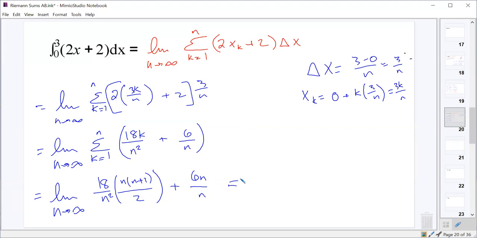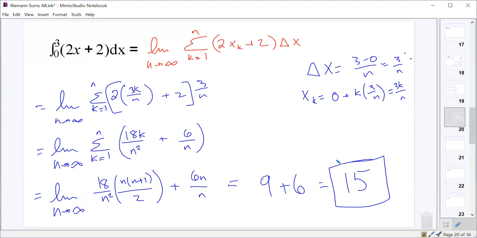Everybody good or no? Good. Yeah. And this is 18n squared plus some other less significant stuff over 2n squared. The n squareds cancel and you end up with 9, right? And then the 6n over n just becomes 6. And we should get 15. Everybody good there or no?